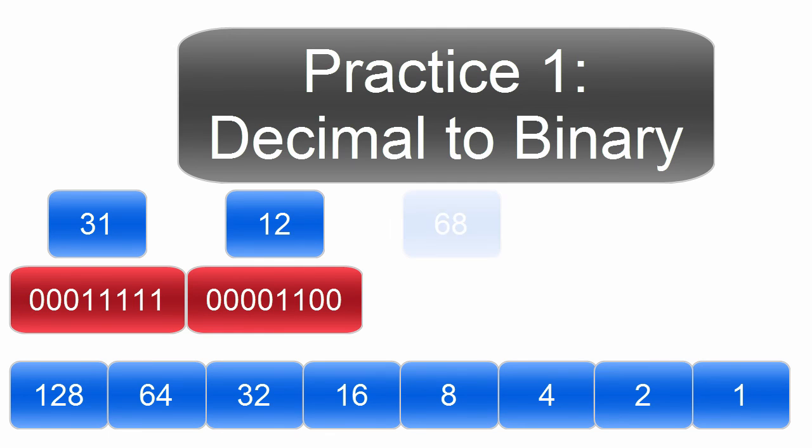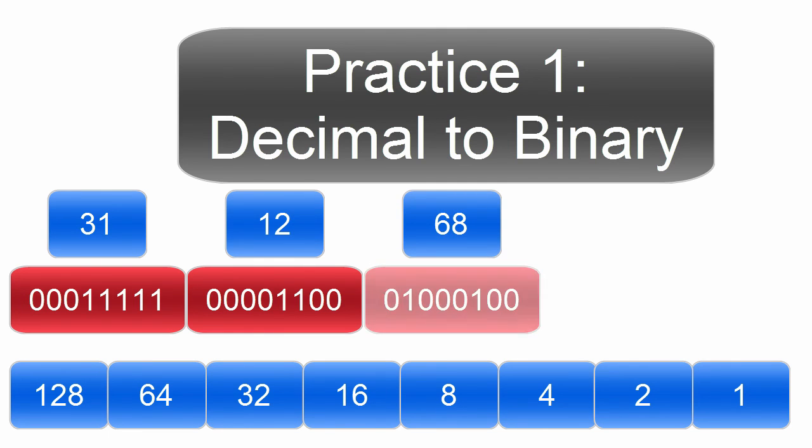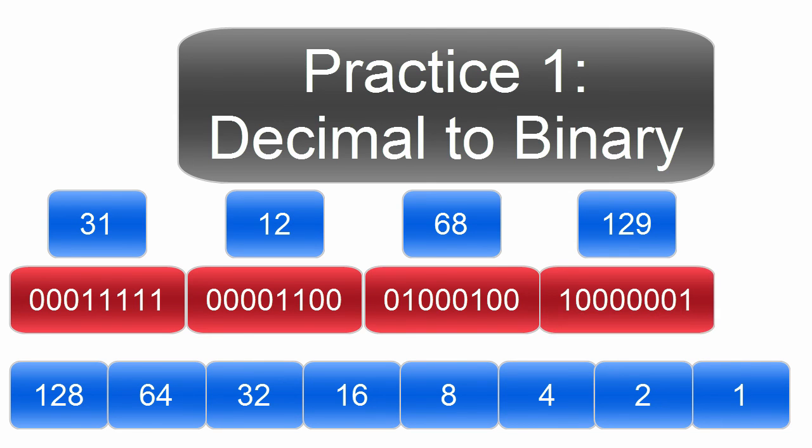The third octet, I gave you 68. You should have gotten 0, 1, 0, 0, 0, 1, 0, 0. And for the fourth octet, I gave you 129. You should have come up with 1, 0, 0, 0, 0, 0, 0, 1.